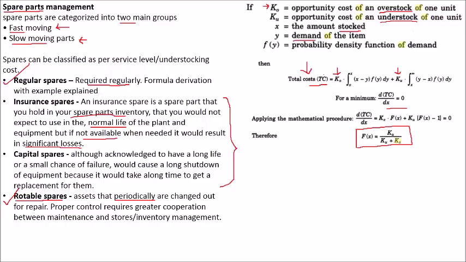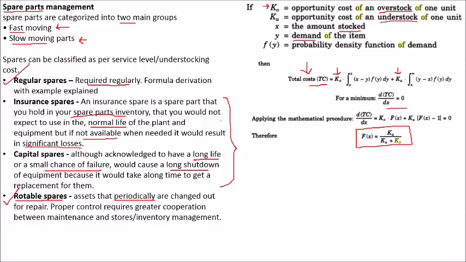Next is capital spares. All these spares have a very long life and a very small chance of failure, but if one fails it causes a long shutdown, so the period of shutdown will be very high. In insurance spares, the cost or impact of the shutdown is very high.